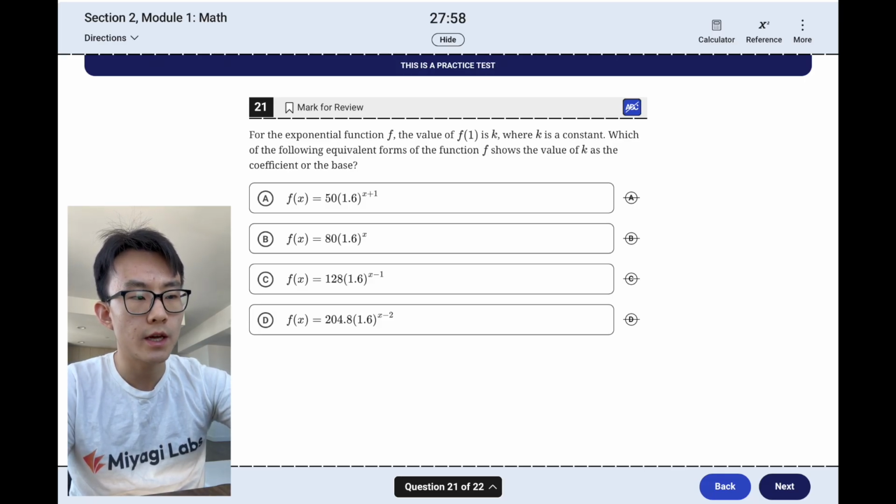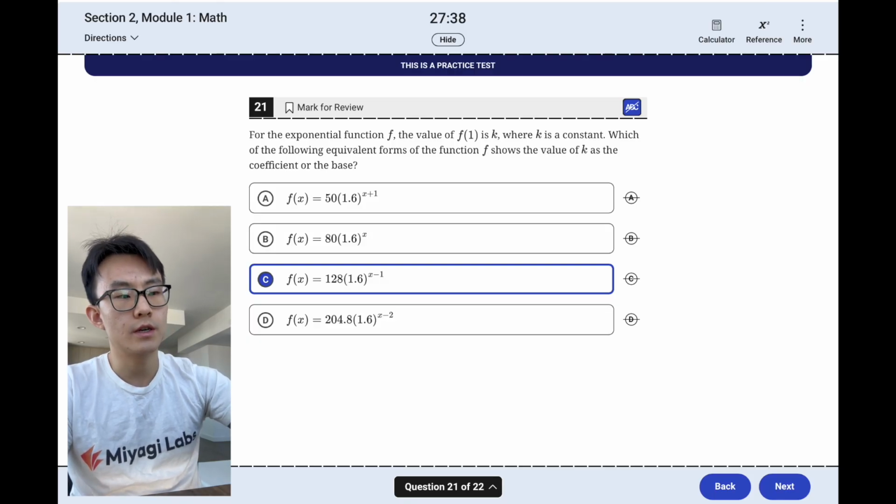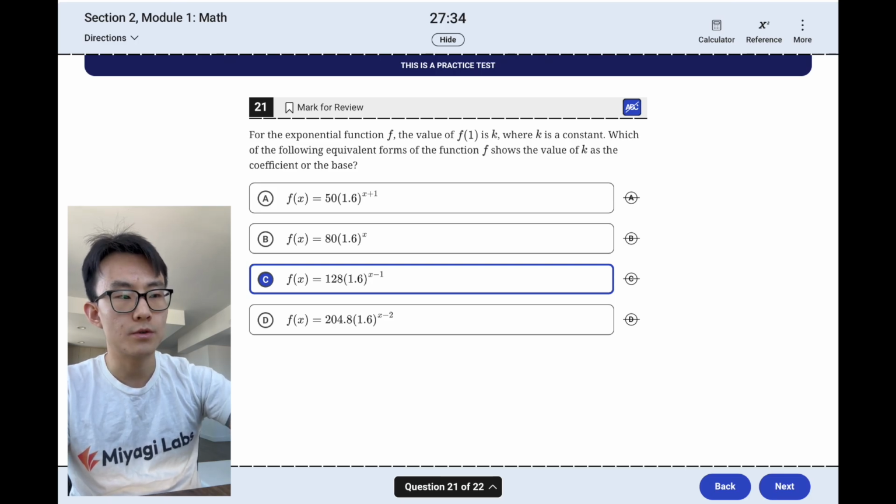So if we plug in f of 1 to a, it's going to be like 50 times 1.6 squared. If we plug into c, we get 128 times 1.6 to the 0, which is 1. So k equals 128. So we just want a case where k, which is 128 in this case, is actually in the equation.